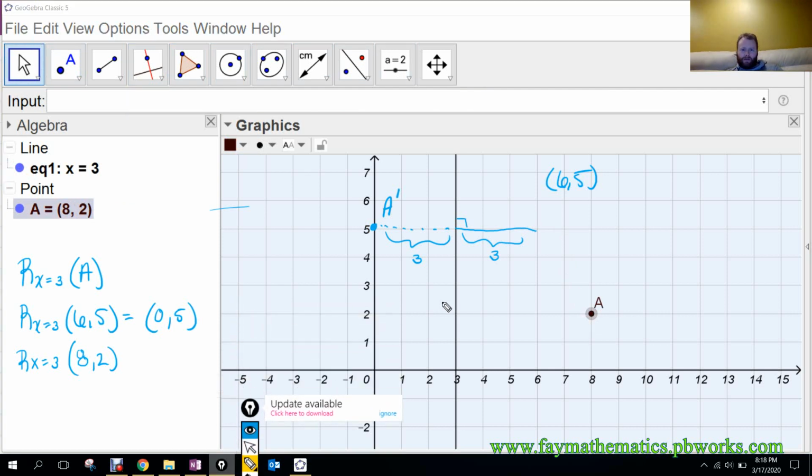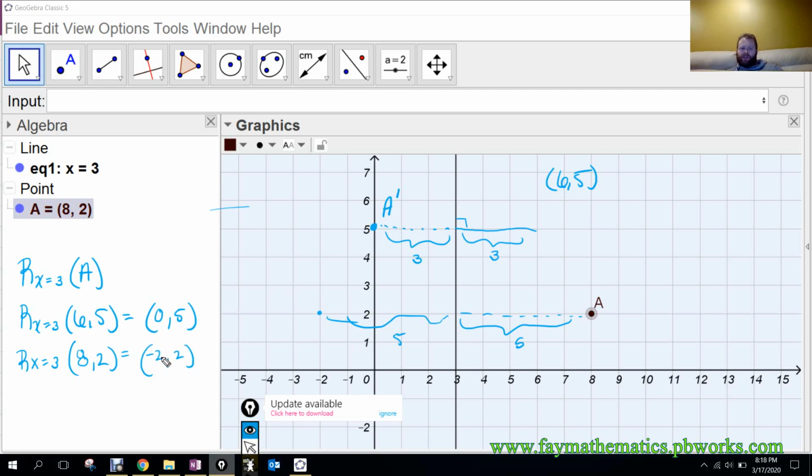So then that distance right there would be 5. So then I've got to reflect that 5 again over here. So that distance would be 5. So now 8, 2 is going to become negative 2, 2.